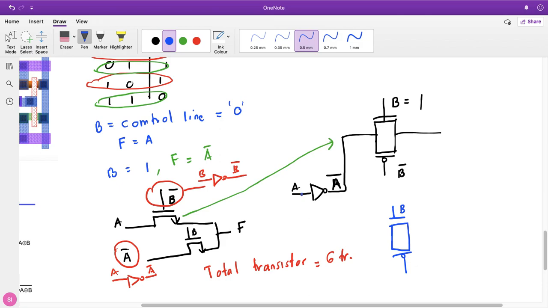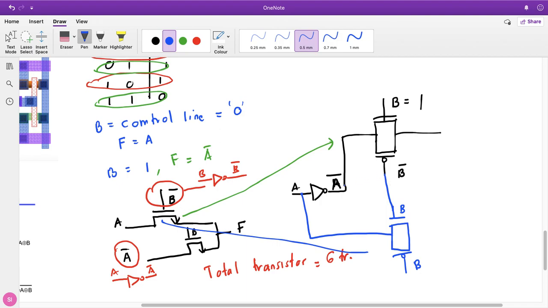Now it is connected to this transmission gate, which represents this network. Here is the B. This value is actually tied together. Whenever B is 1, this NMOS is turned on for this network and also turned on for the other network.